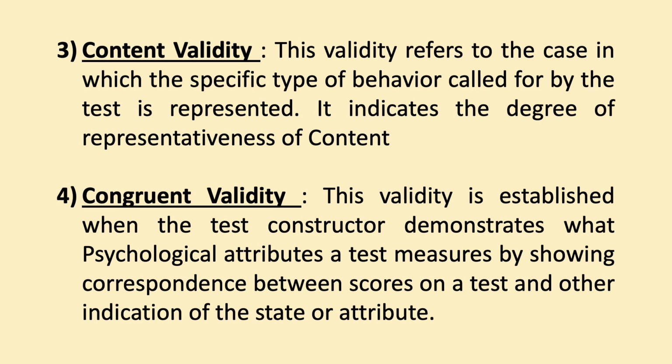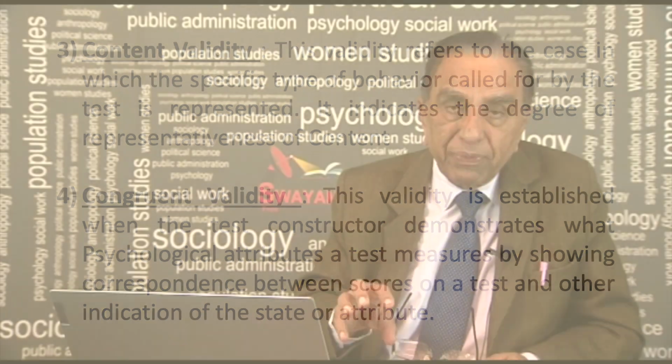This validity is established when the test constructor demonstrates what psychological attributes a test measures by showing correspondence between scores on a test and other indicators of the state or attribute. That means congruent construction. Now, I say, this concept is made of introversion, extroversion, openness. Three concepts.